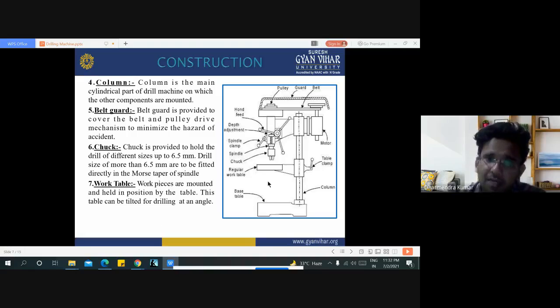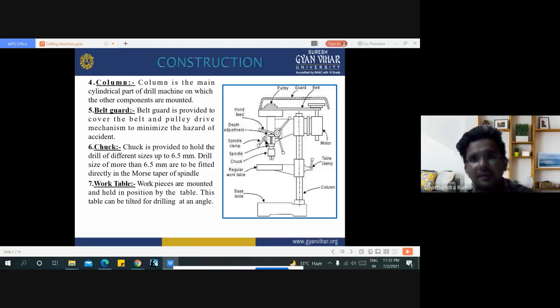This table can be tilted for drilling at an angle. Here is the table clamp, and this is the table on which we put the workpiece. This is the chuck, in which we employ the drill bit for drilling operations.